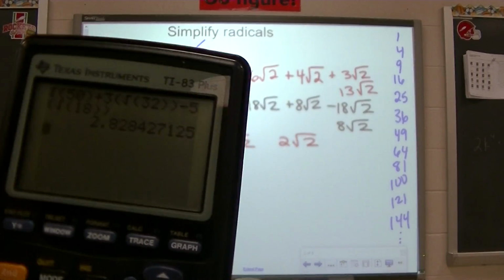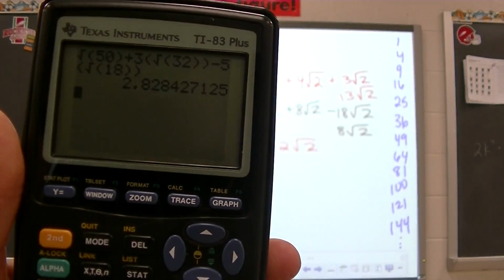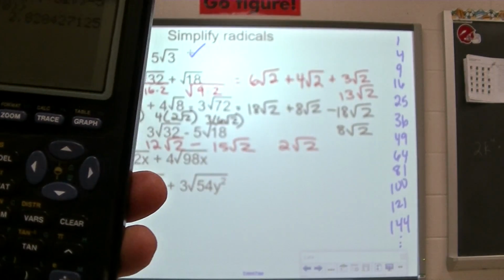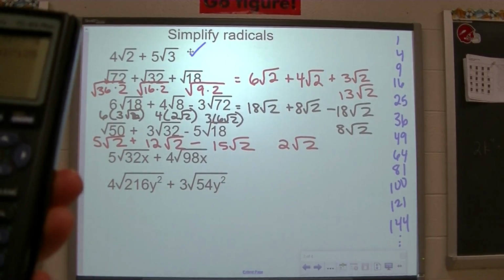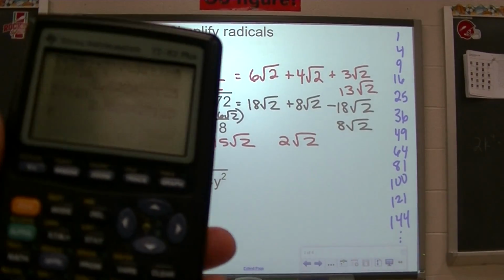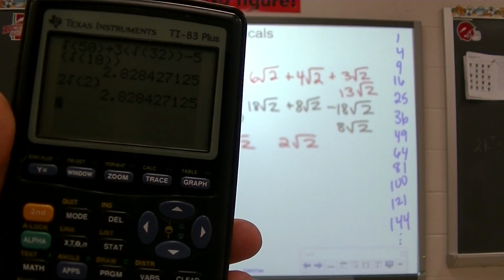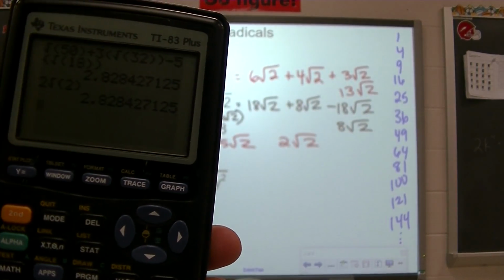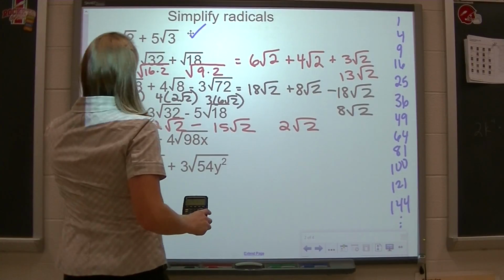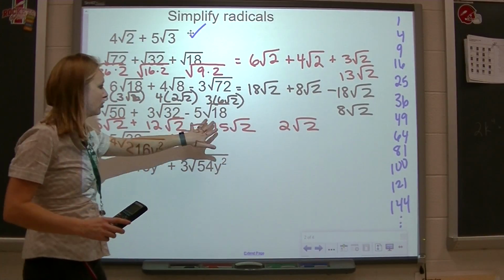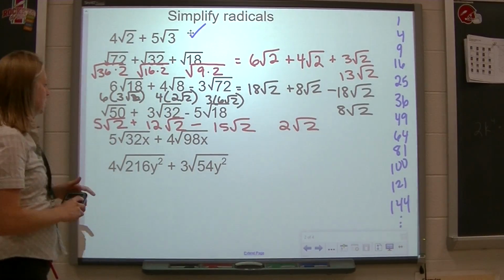And I get 2.828. And then I'm also going to do 2 times the square root of 2, and that equals 2.828427125, which is exactly what the original expression equaled. So that way I know I broke it down correctly and I did it right.